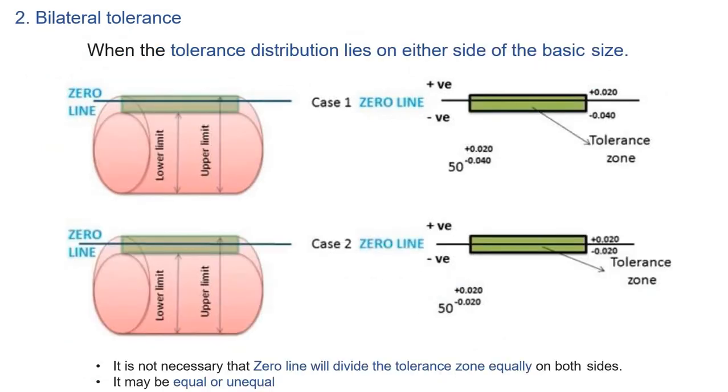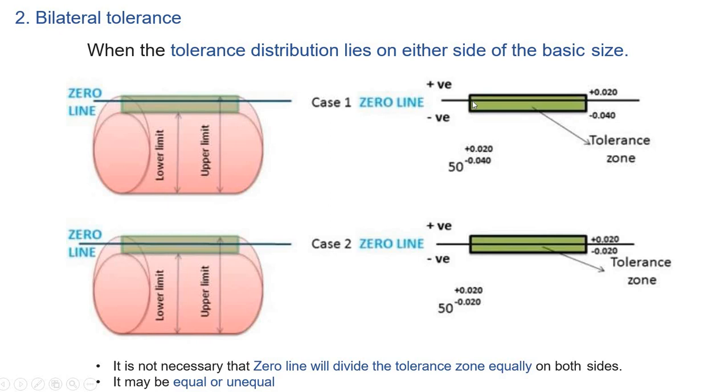What is the bilateral tolerance? If the tolerance is given on both sides of the basic size, then that tolerance system is known as the bilateral tolerance system. Here you can see in this figure that the zero line indicates the basic size of the shaft. In this example, 50 indicates the basic size and this zero line indicates the 50 mm size.